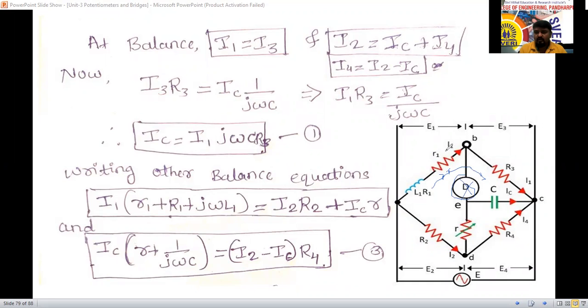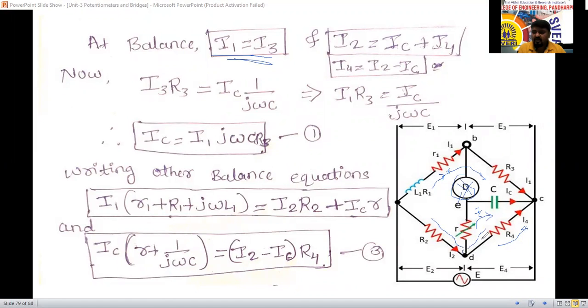Yes, sir. So I1 equals I3, we can write. And similarly here, some current will flow here and some current will flow here. The current flowing through this capacitor is considered as IC, and the current flowing through the resistance R4 is considered as I4. Under this balanced condition, I2 equals IC plus I4. One current is splitting into two parts.